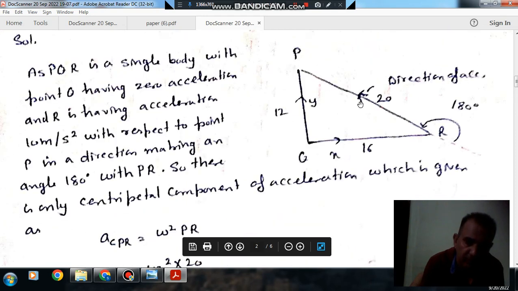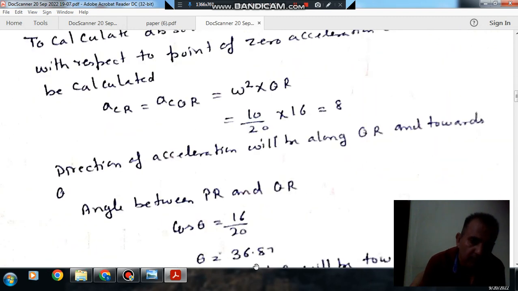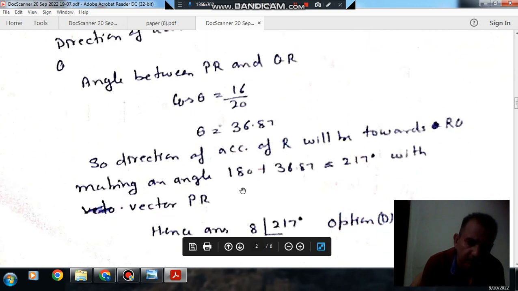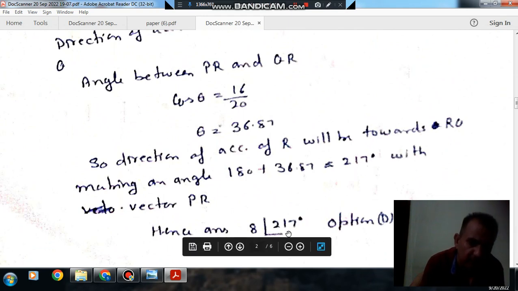Now we have to determine the direction of R with respect to the PR vector. The PR vector is in this direction, and this vector will have an angle of 180 plus 36.87, or say 37. So it will be at 217 degree angle and the magnitude will be 8. So the answer is option A.